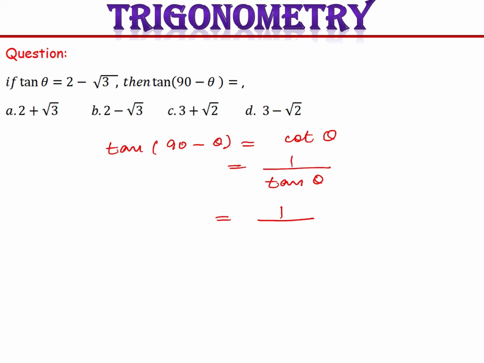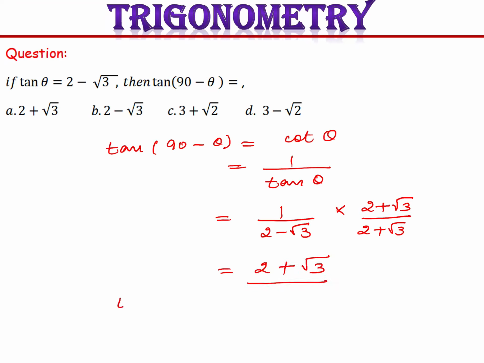So this is 1 upon (2 minus root 3). Rationalize it: multiply by (2 plus root 3) upon (2 plus root 3). So in the denominator I get 4 minus 3, which is 1, and my answer is 2 plus root 3. So my answer is option A.